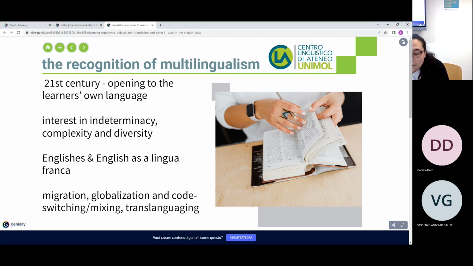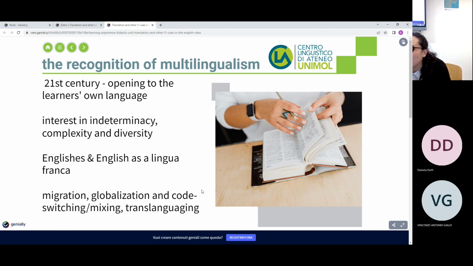So there's this interest that starts with globalization and migration, which is in code switching, so switching between L1 and L2, depending on the context, depending on the person you're talking to, code switching, so cambiare. And code mixing, as Phil was saying, Spanglish, so mixing two languages together, parlare un po' e un po'.